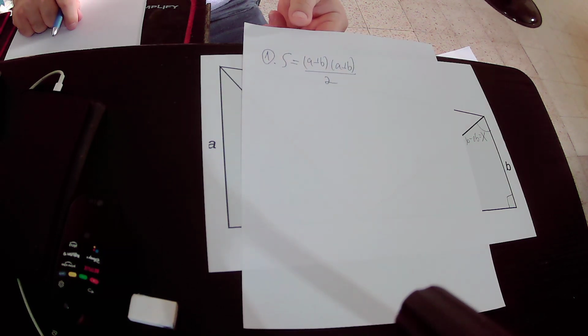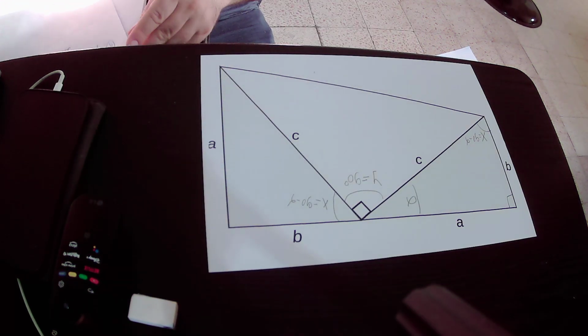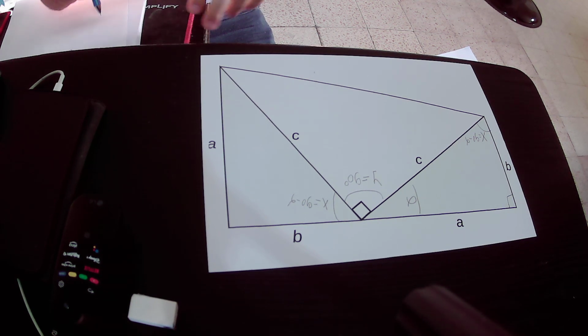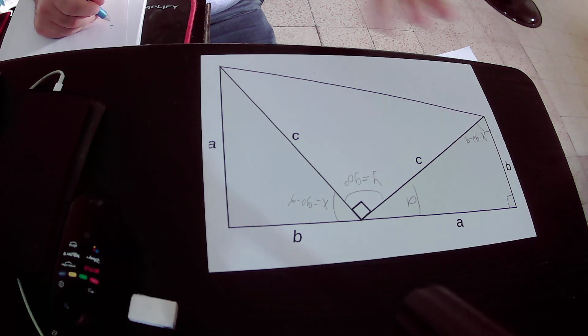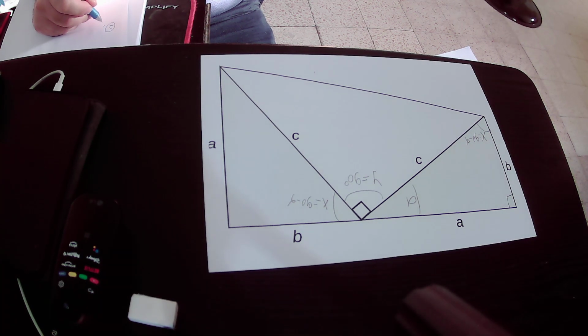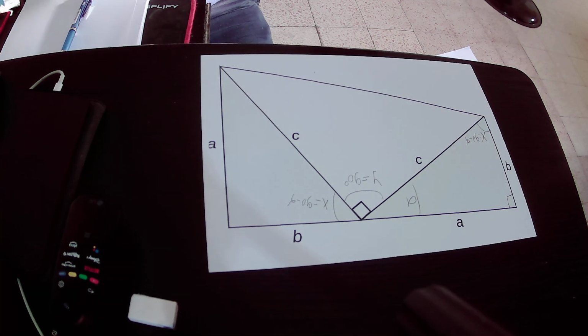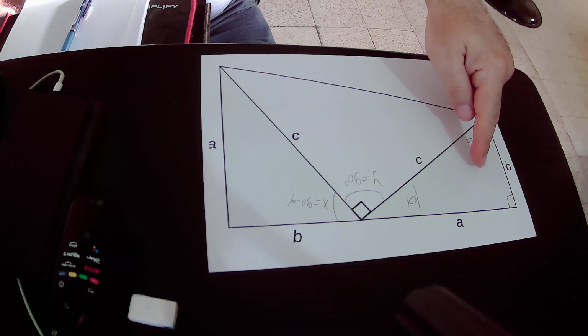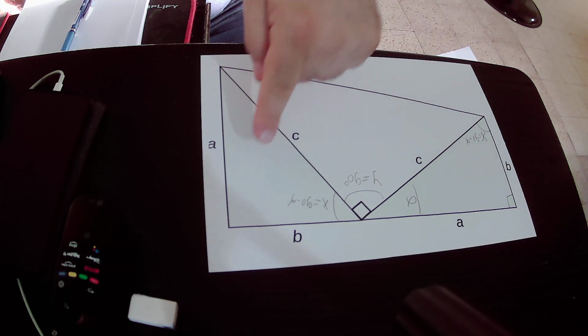So this is the first way to calculate the area of this trapeze, and the second way is by saying that the area of this trapeze equals the sum of the areas of its components. This trapeze contains three triangles, these triangles, and these triangles.